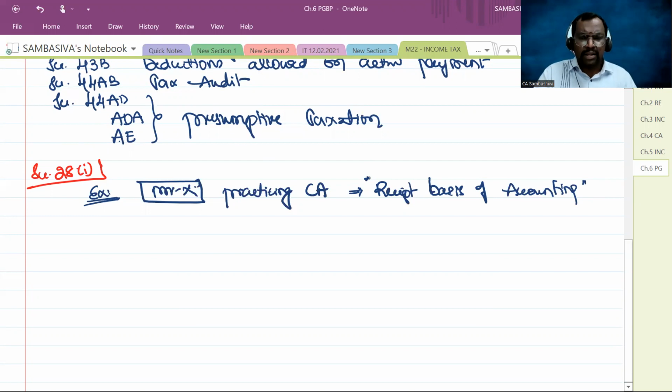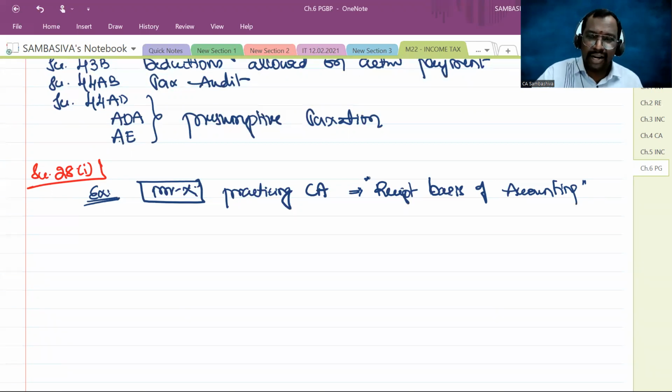What is the method of accounting applicable for PGBP? The same method of accounting applicable for income from other sources applies for PGBP. What is that? Accrual basis or receipt basis, whichever is regularly followed by the assessee.